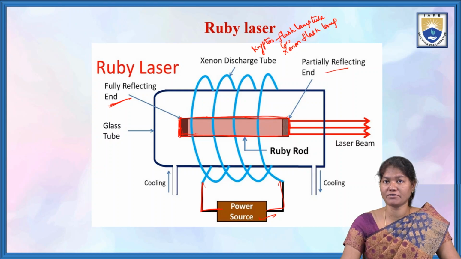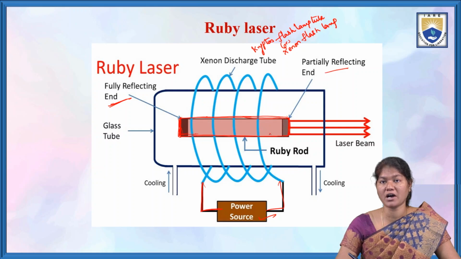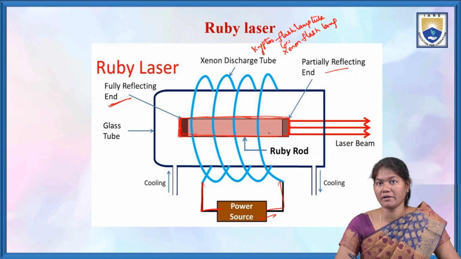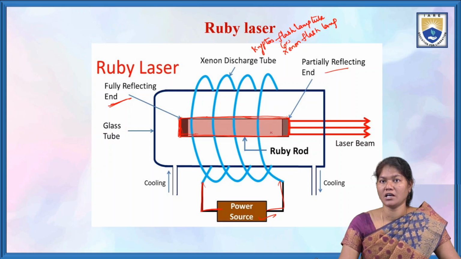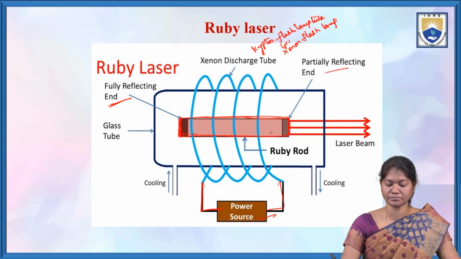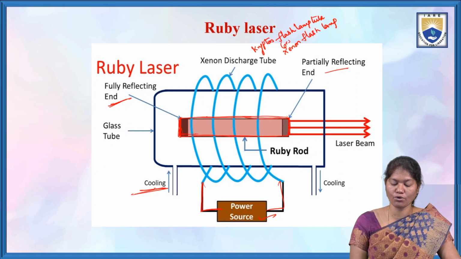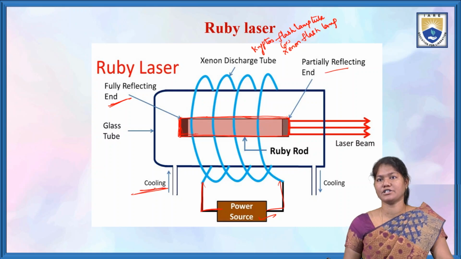Some of the energy is used to raise the chromium ions to the upper energy levels. The remaining energy will heat up the apparatus, so that should be cooled with this cooling arrangement.